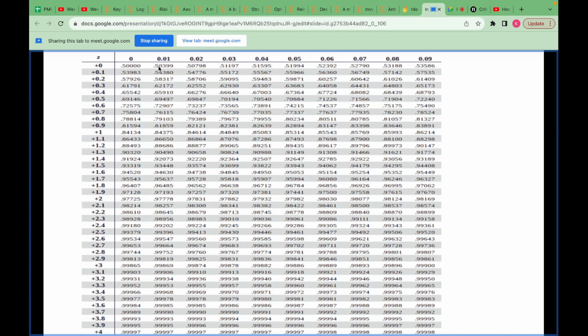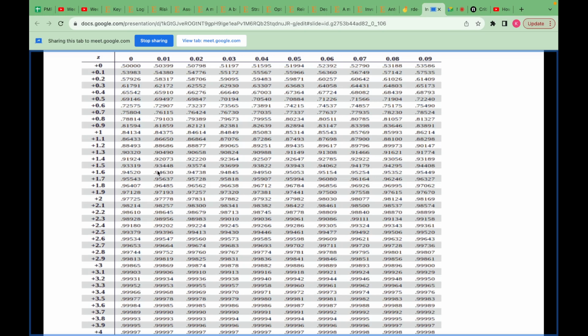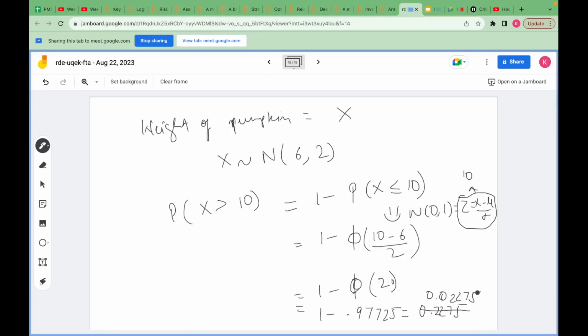If this came out to be 2.01, then we would look at this column, but this is 2.0, so we look at the first column and we got this value 0.97725. We put it in this formula, and we got the probability 0.02275.